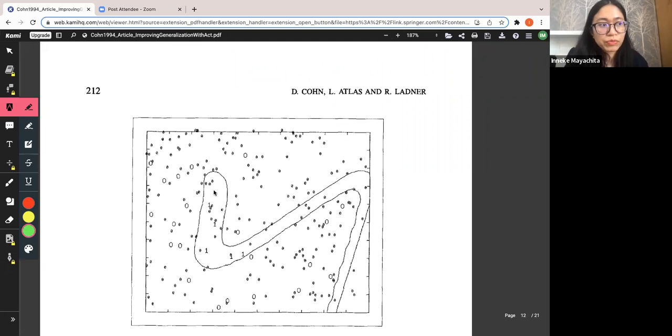So we want to maximize the precision of this concept. That's why the shape of the concept will maximize the precision. We want all examples inside this concept to be 1.